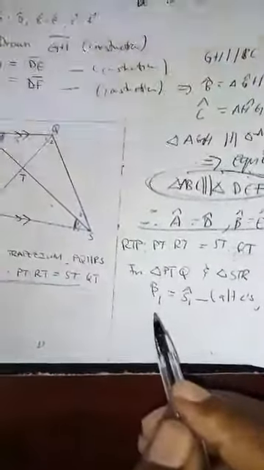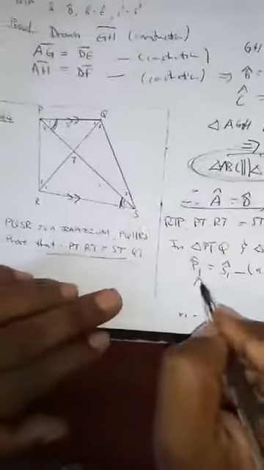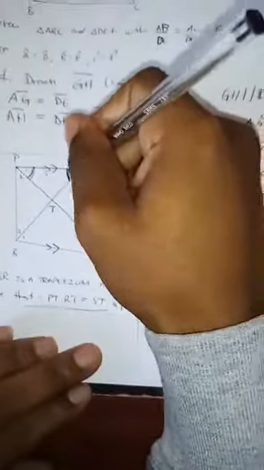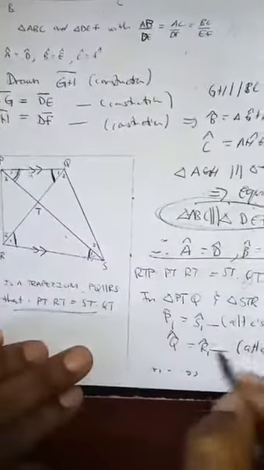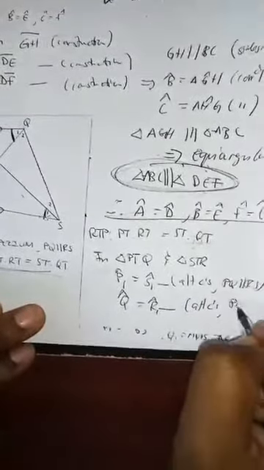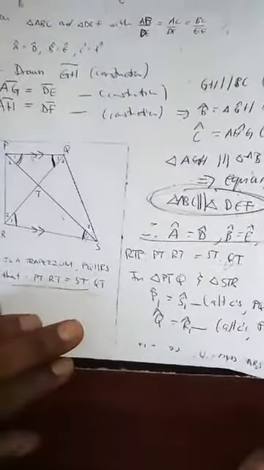And then another one that you can get is Q1 is R1, similar alternating angles. So Q1 must be R1, alternating angles between PQ and RS. So what do you have?